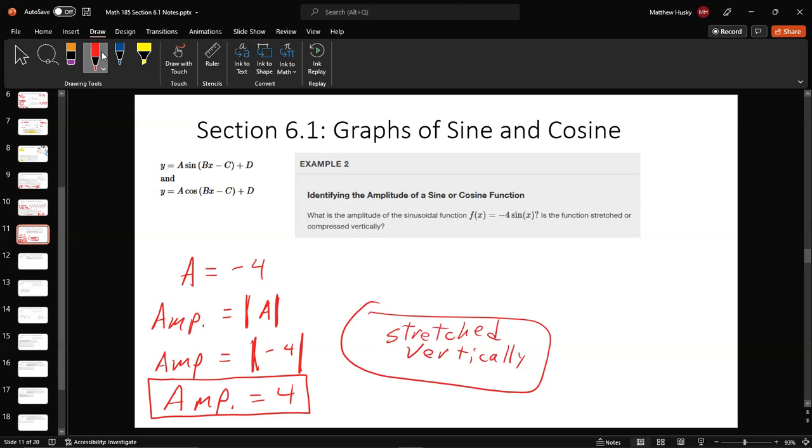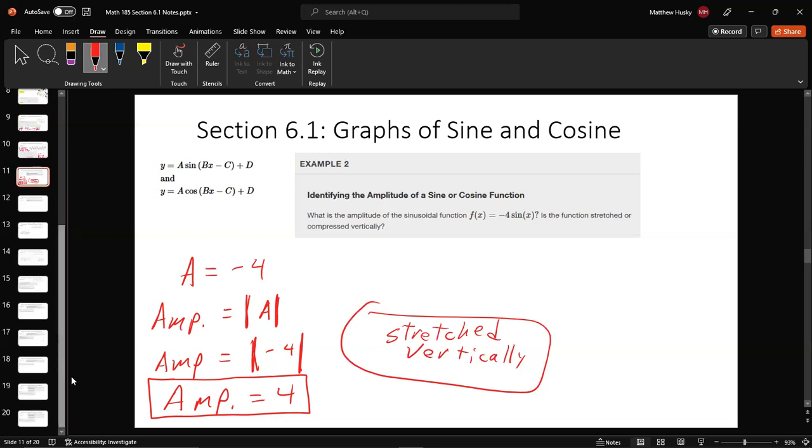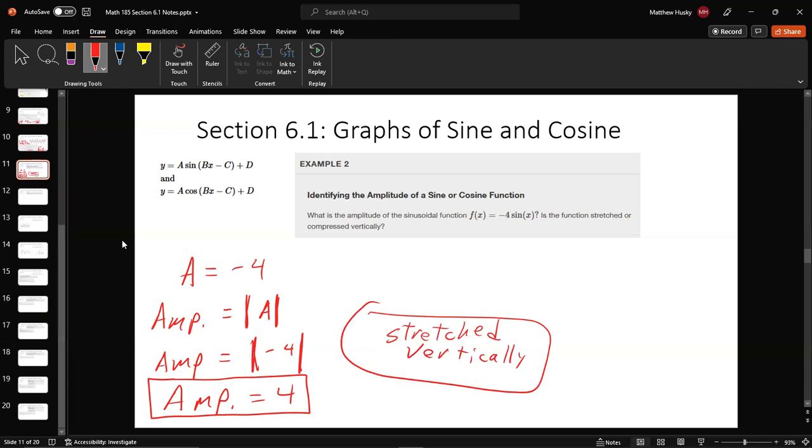Incidentally, for anyone who's interested, there is a reason why this is called the amplitude. Sound waves can be modeled using sinusoidal functions. That's part of why this is a thing and why it's useful to some people. And if you increase the amplitude, it's effectively raising the volume. So a sound wave that has a higher amplitude ends up being louder.